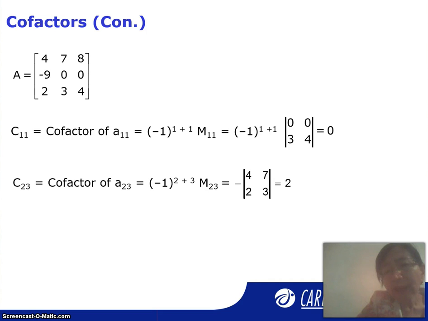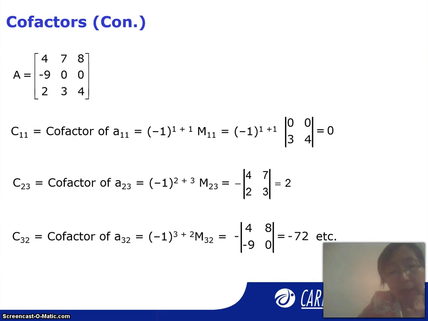Now let's calculate the second order determinant. So we have 12 minus 14. 12 minus 14 will be equal to minus 2, and a minus sign before it. So we have minus of minus 2, which is equal to 2.